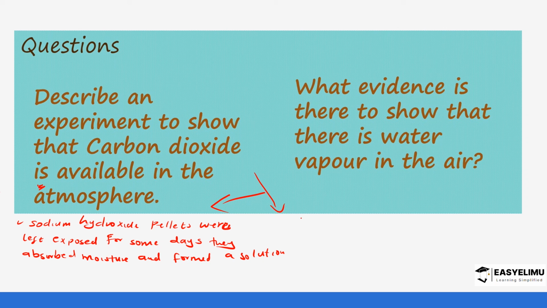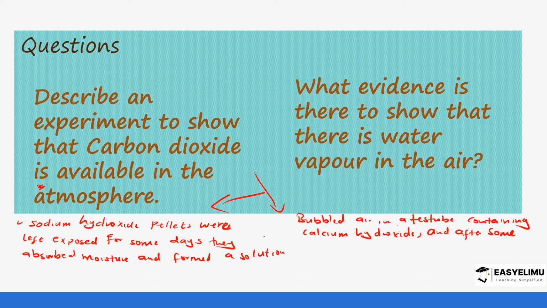So we bubble air in a test tube containing calcium hydroxide, and after some time it turned into a white precipitate.